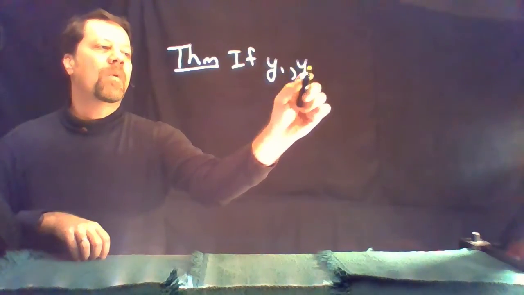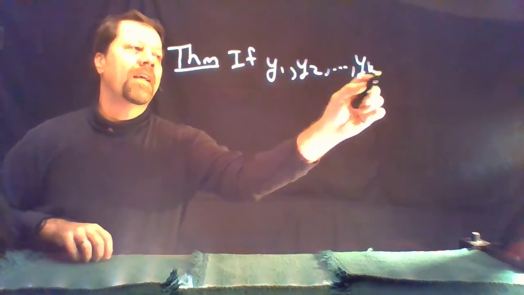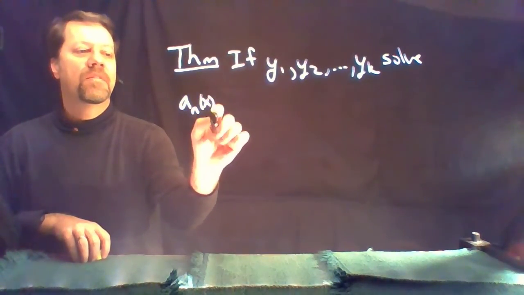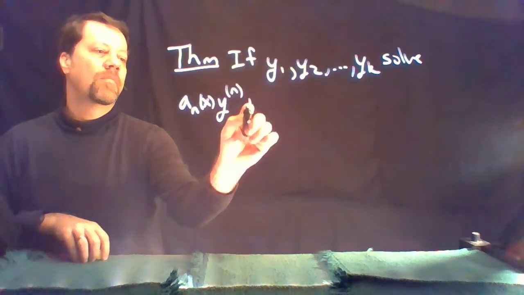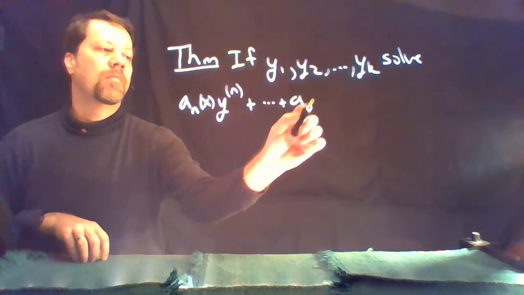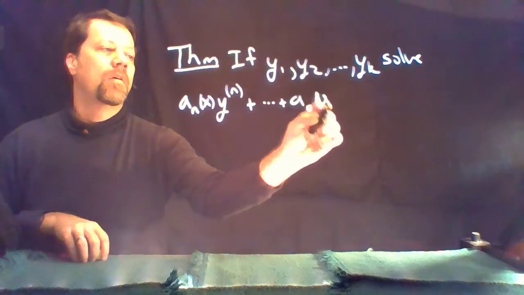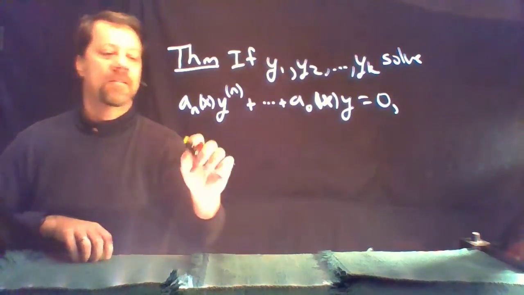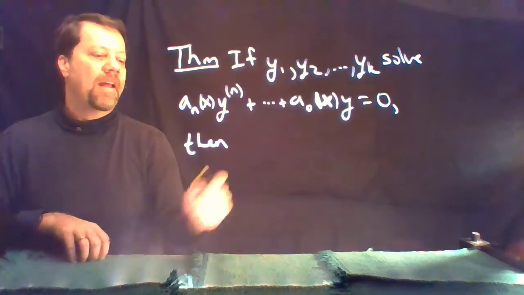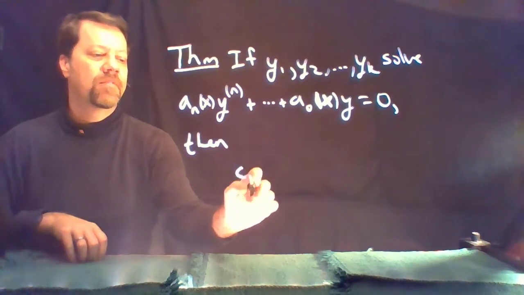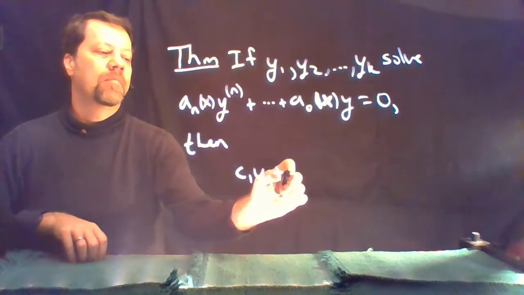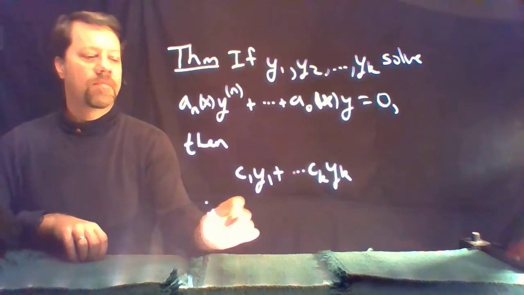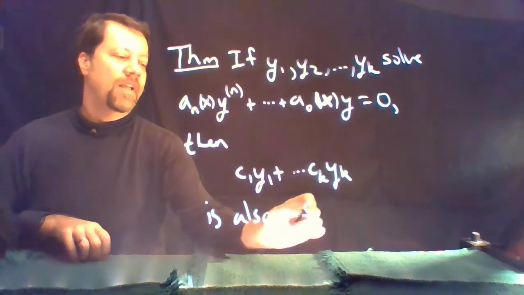If y1, y2 through yk solve a linear equation that is homogeneous, then any linear combination is also a solution.